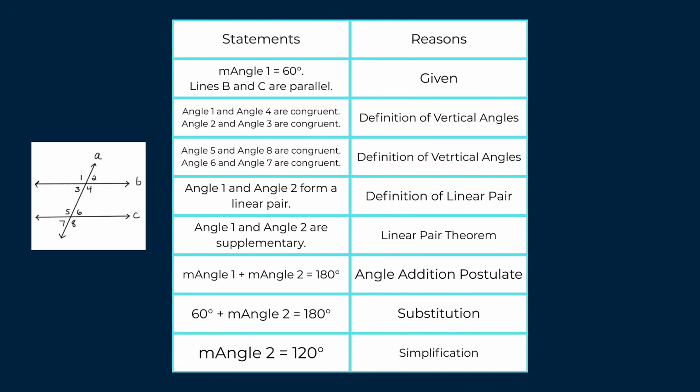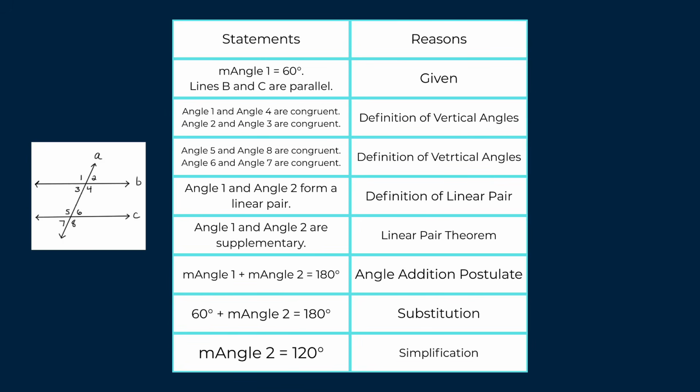Now we have to find the measures of the rest of the 6 angles, and fortunately for us, this is very easy. Since the measure of angle 1 is equal to the measure of angle 4, and the measure of angle 2 is equal to the measure of angle 3 by the definition of congruency.